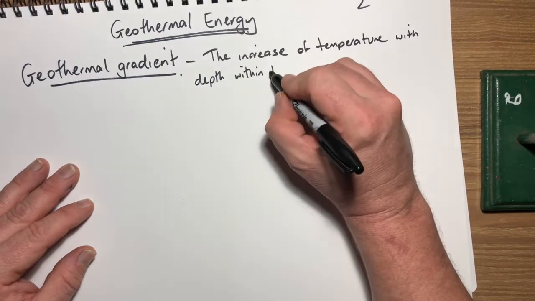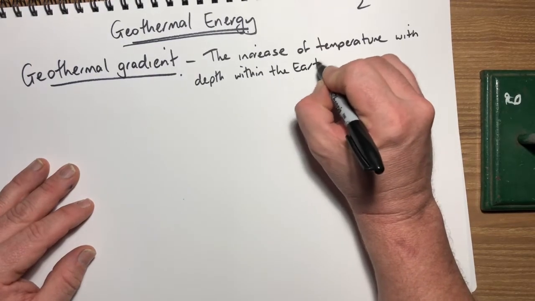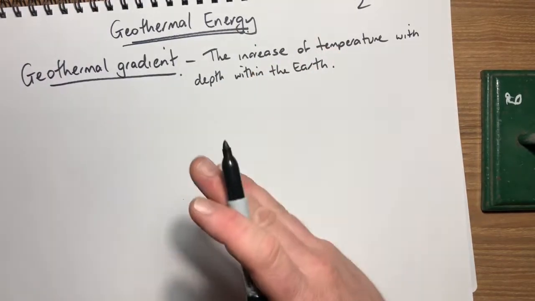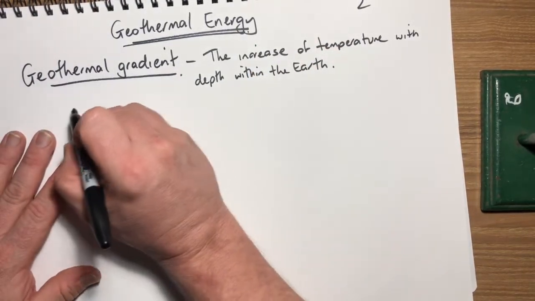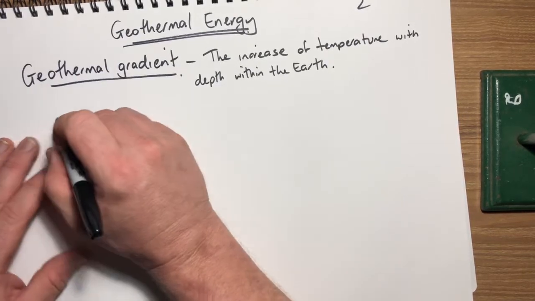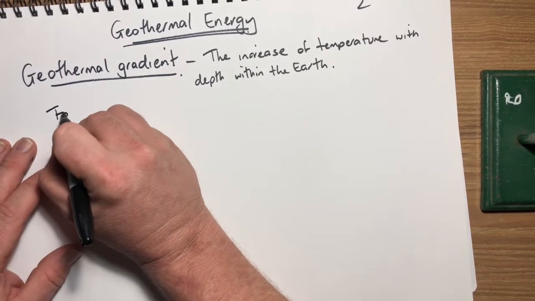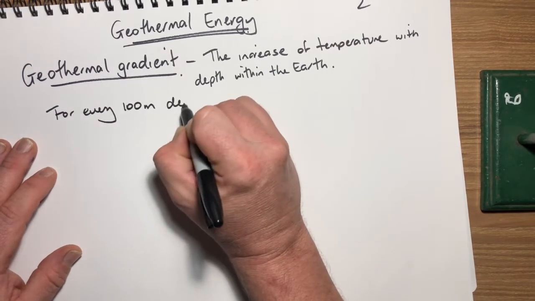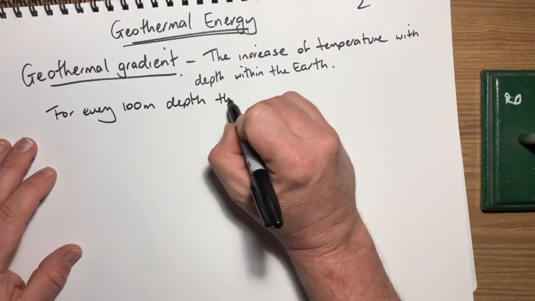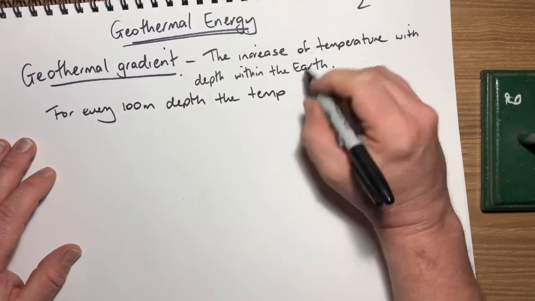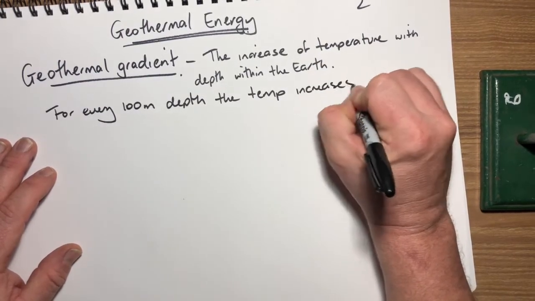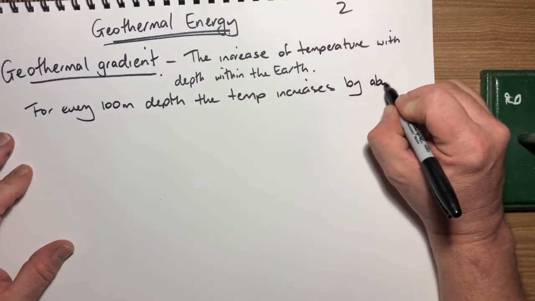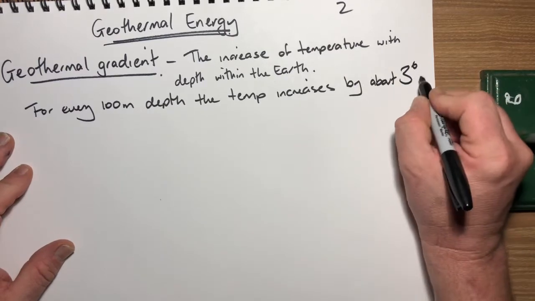Now, normally, and this is a generalized statement, for every 100 meters depth, the temperature increases by about 3 degrees Celsius.